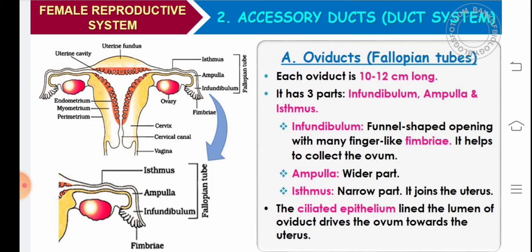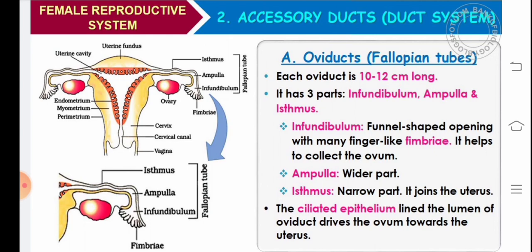The fallopian tube is 10 to 12 centimeters long. They exist in pairs. The fallopian tube originates from the periphery of the ovary and extends up to the uterus. Its main purpose is to receive the ovum from the ovary. It is divided into three regions: infundibulum, ampulla, and isthmus.